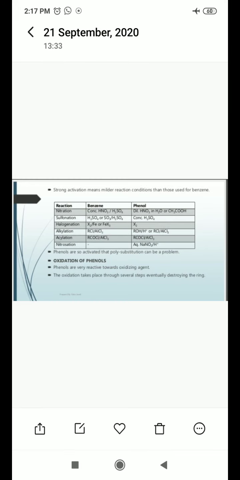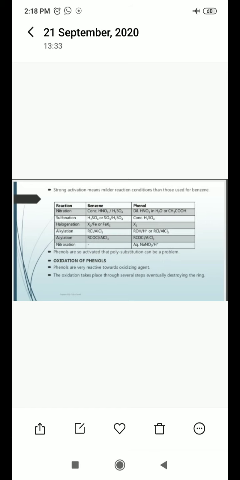ROH means CH3OH, methanol, or CH3Cl with AlCl3 can also be used. Next is acylation. For acylation of benzene we use RCOCl, that is CH3COCl, acetyl chloride, with aluminum chloride, AlCl3. The same reagent can be used for acylation of phenol.